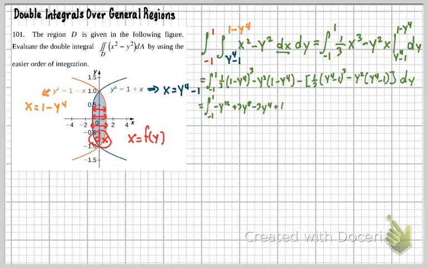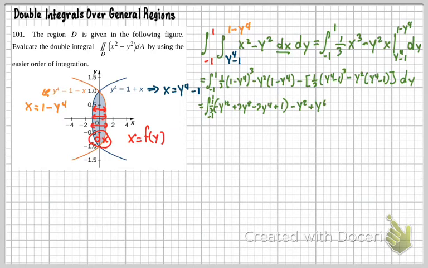And this is all still times that 1/3. And then for the minus part here, that's going to be minus y squared plus y to the 6th.